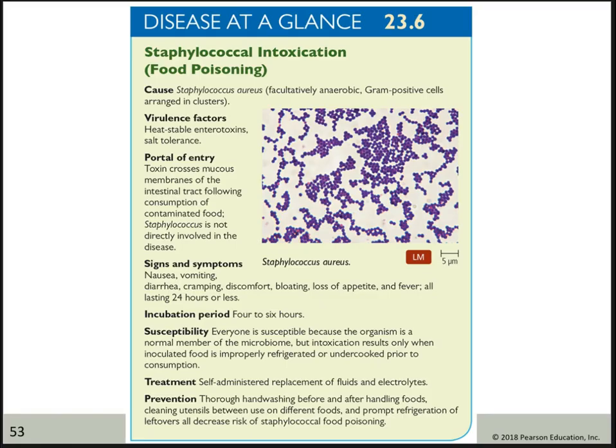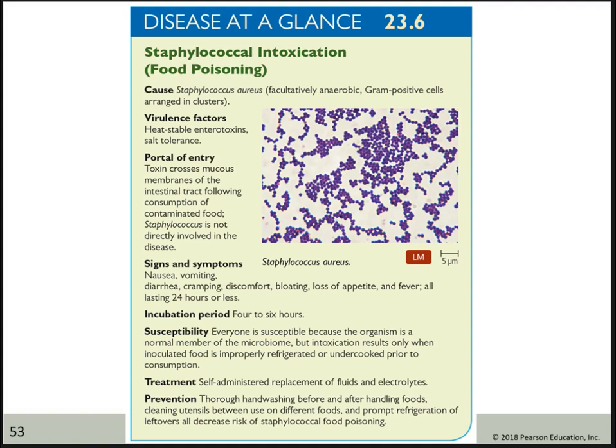There's a nice summary here. Again, it's not the replicating bacteria that causes the infection once it gets into the host. It's the toxin that was produced before ingestion, and those toxins are heat stable, and that is what causes the symptoms.